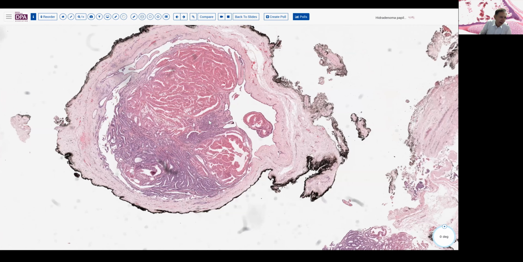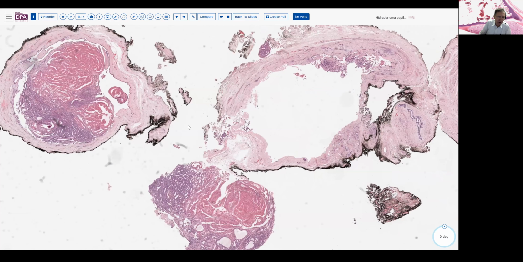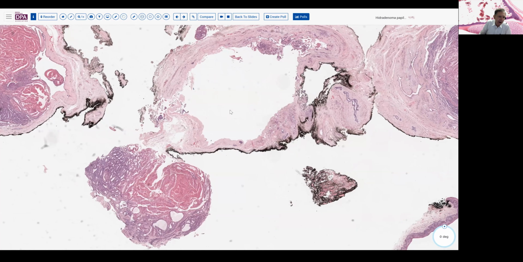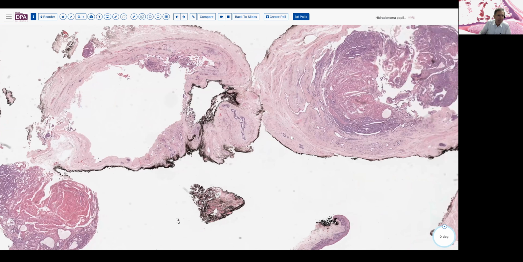This lesion behaves entirely benignly. As you can see, we can excise with close margins and expect there'll be no recurrence. If it's incompletely excised, it's still probably okay, but might recur or create a few other problems in that regard.